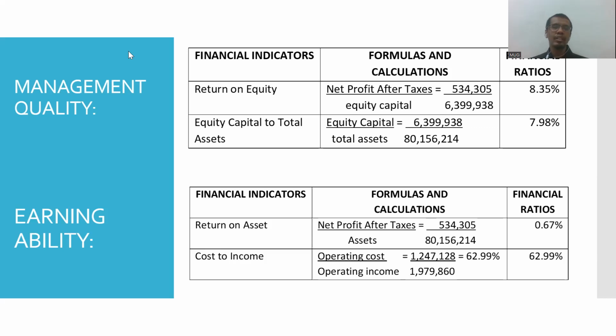Okay, so I think this number reflects that you will get 80 million in assets by managing only 6 million in equity.